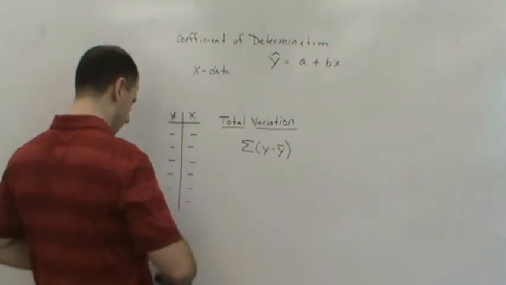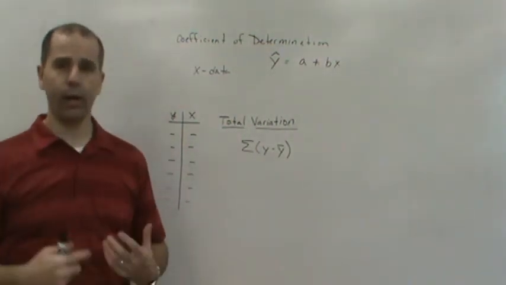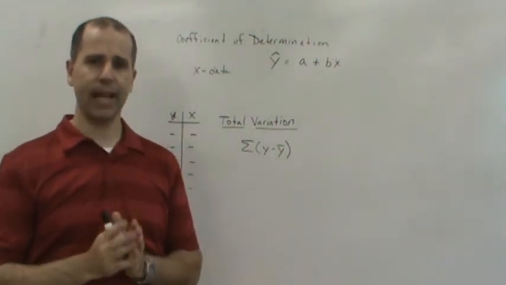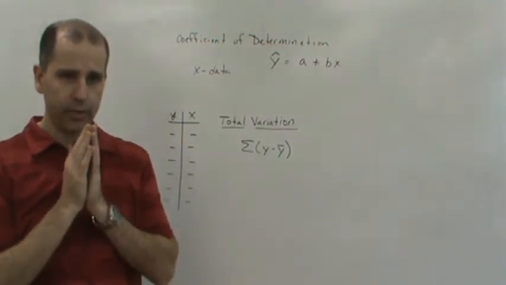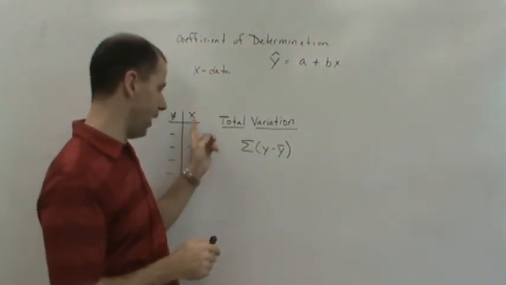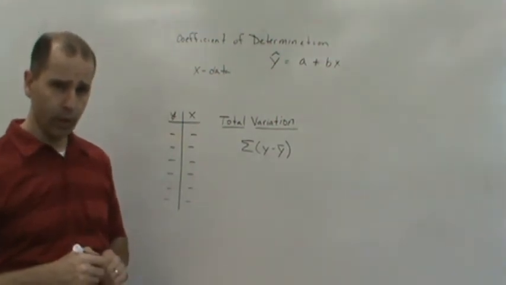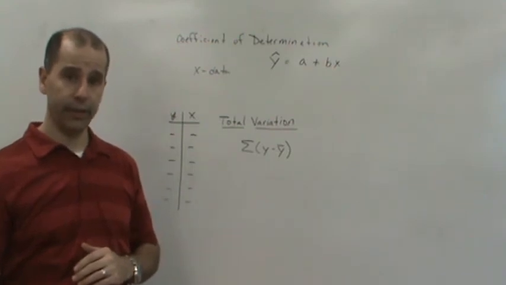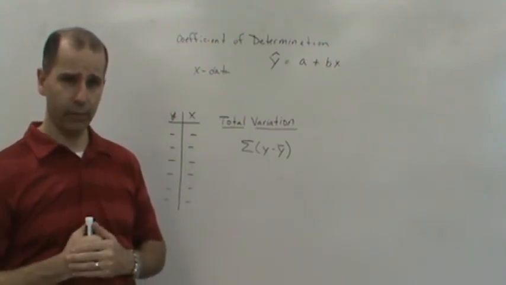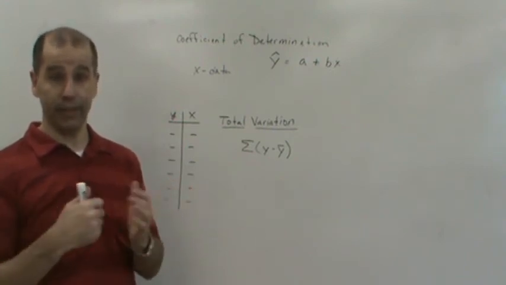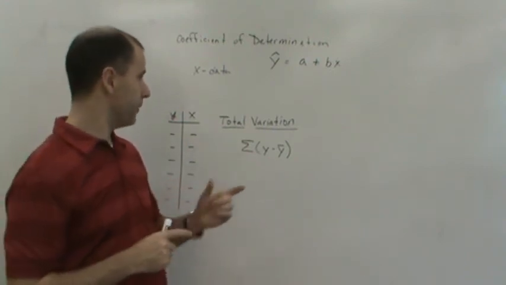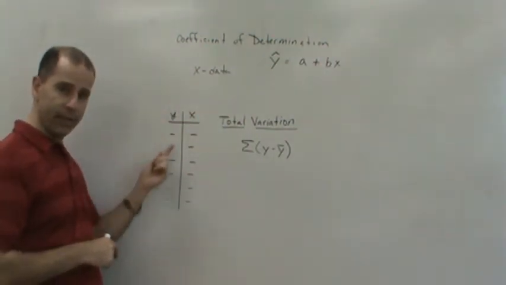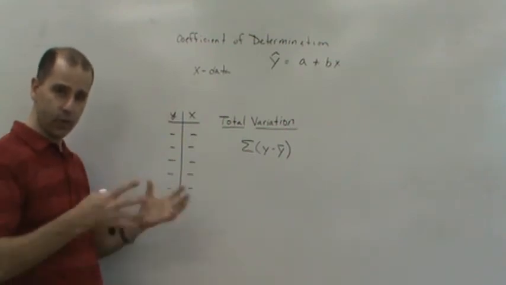Now, here's the thing. Because there's this relationship between x and y, it makes sense that some of the variation that we normally see in the x values is probably going to translate over into the variation of the y values. In fact, probably a lot of it will transfer over, because if there's variation in my x data, that should influence the variation in the y data if there's a relationship between the two.